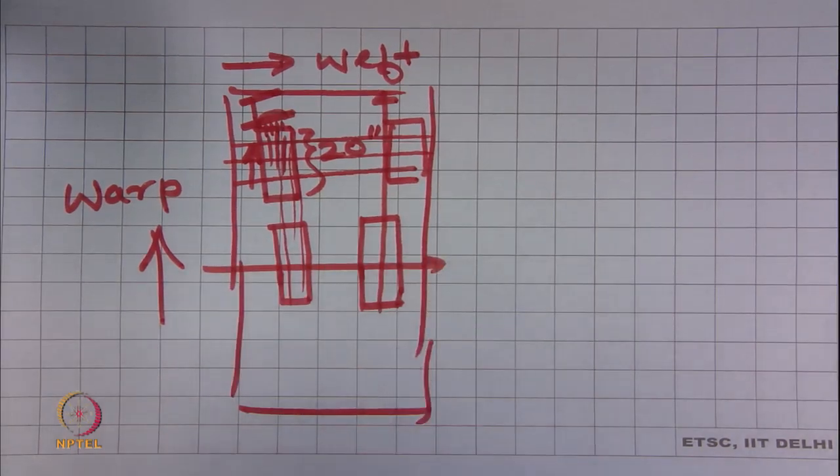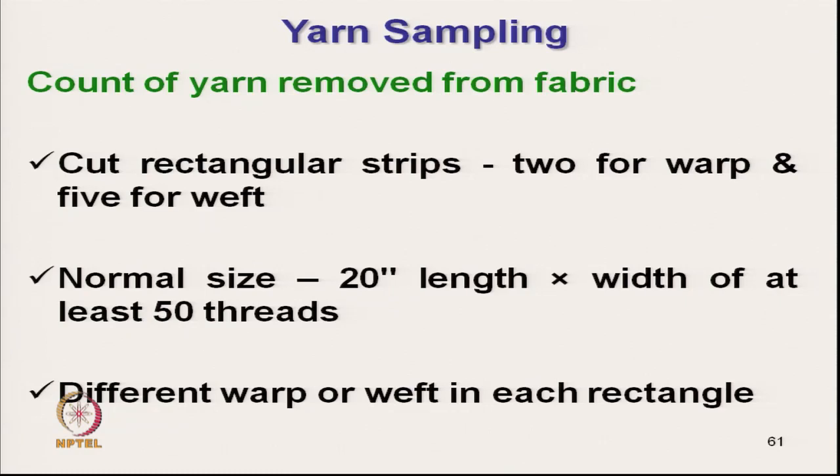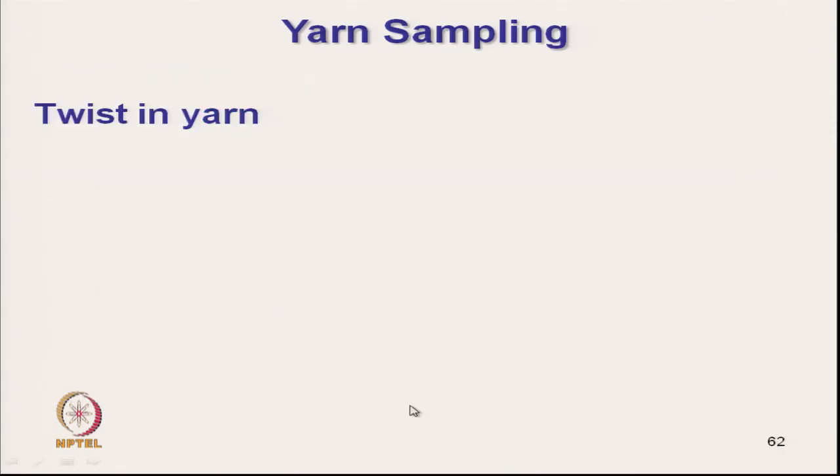That is how we select the warp and weft, so that different warp and weft combinations are there. Now, to measure twist in yarn, we have to follow a little bit different process.